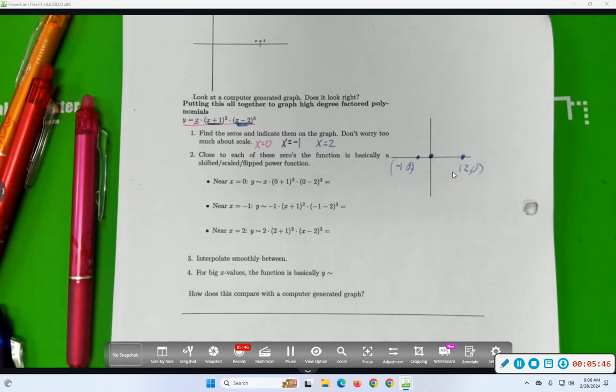All right. So let's just read the instructions. I want a graph that looks correct near those intercepts. So let's try to figure out how those graphs look near each of those intercepts. To do that, we're going to use this sort of decomposition. Once you have something factored, grab all the factors that give you a 0 at that root, remember them, and then just plug in the x value that is that root to the rest of the factors.